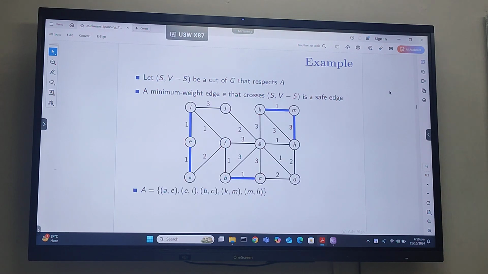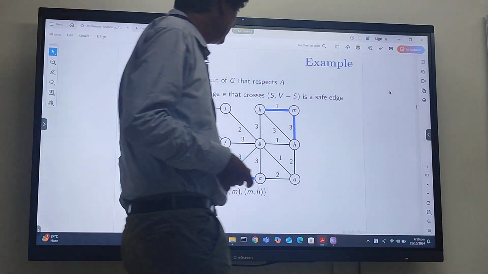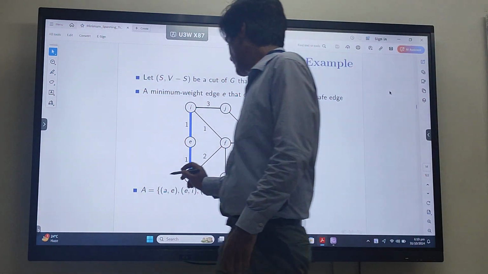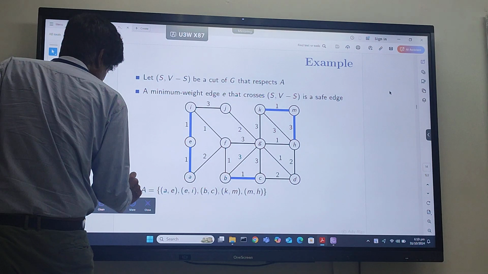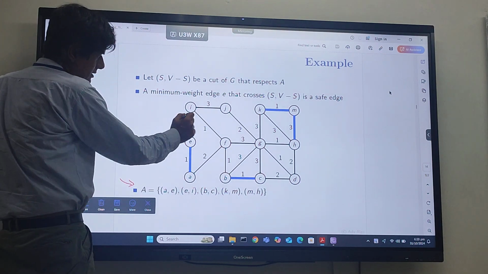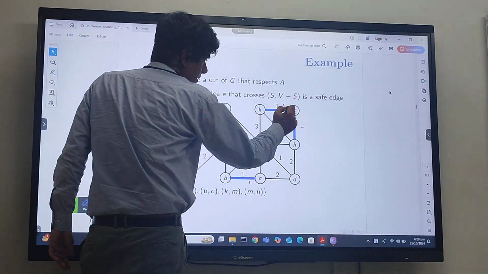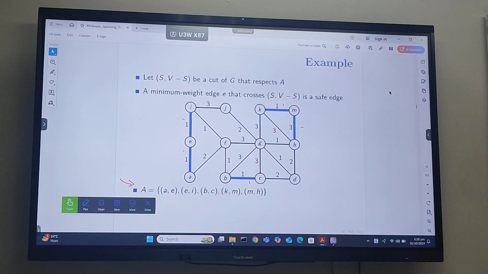Now let's suppose that we are building the minimum spanning tree one edge at a time. The blue edges are the edges in A, as you can see over here.